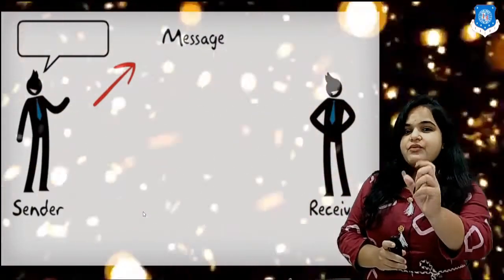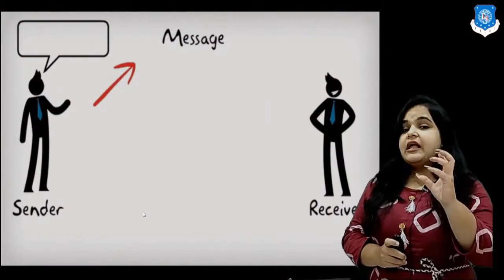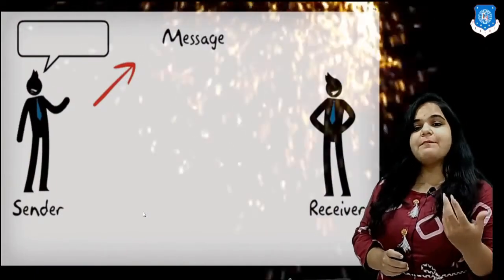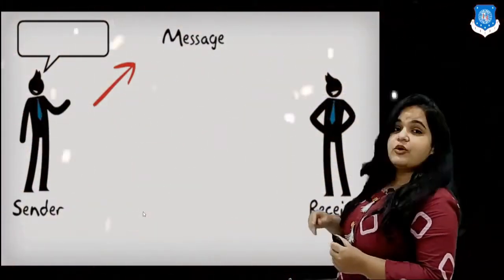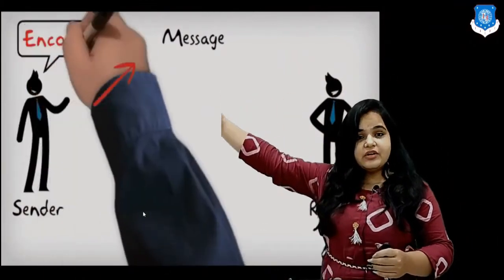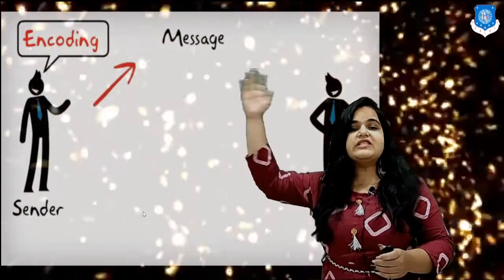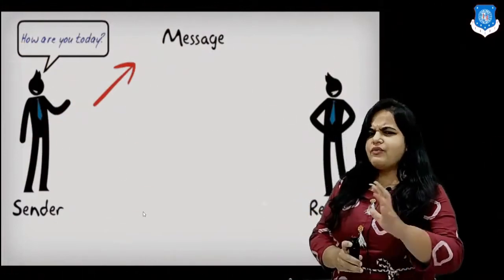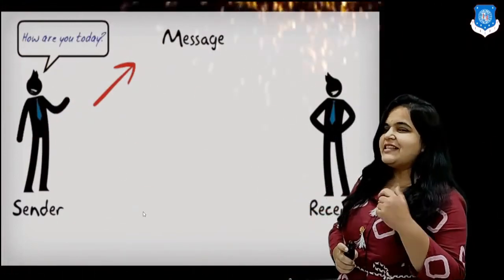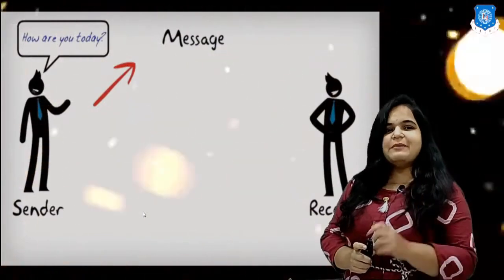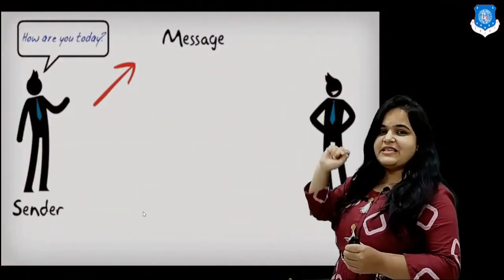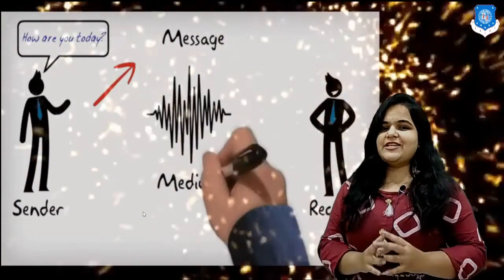But before sending the message, the sender undergoes a process known as encoding. You need to encode the message before you send it. Why so? I will discuss it in the next slide, but please remember that you need to encode the message before sending it to the receiver.